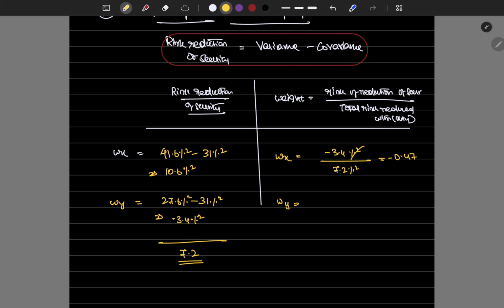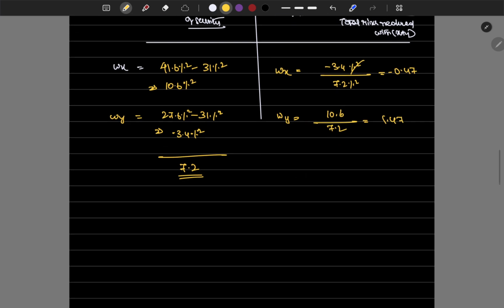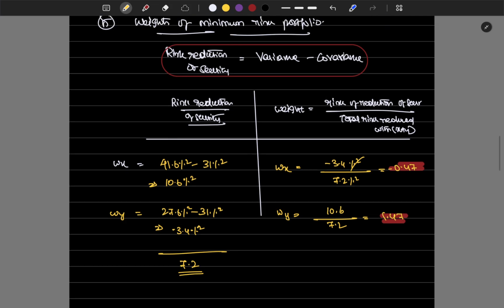It is a weight we are finding. So here the reduced risk of x, 10.6 divided by 7.2. What's the ratio? 10.6 divided by 7.2, which is 1.47. So what's the weight here? Weight of x is 0.47 and weight of y is 1.47. This is the risk reduction ratio. If we invest at this ratio, we'll get the reduced risk. That's it. Thank you.